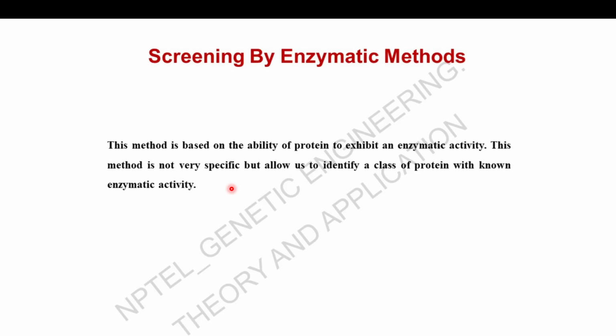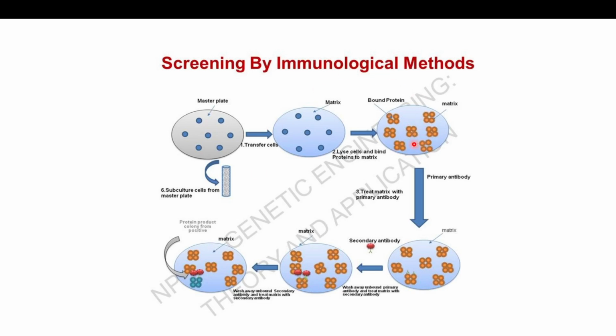and there's screening by enzymatic methods. This is based on the ability of protein to exhibit an enzymatic activity. This method is not very specific, but allows us to identify a class of protein with known enzymatic activity. Okay, now as we saw earlier, proteins are bound to the matrix.